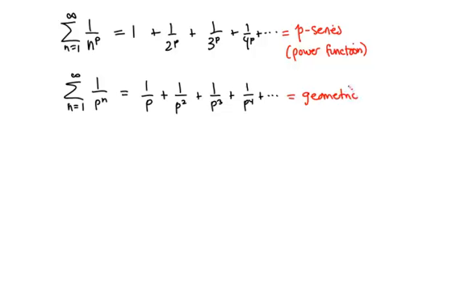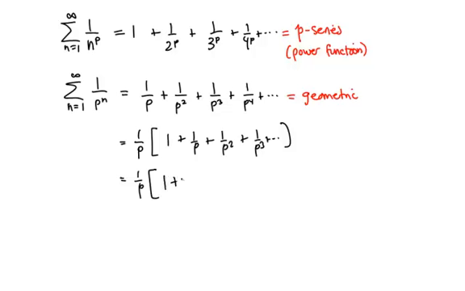And you might be able to see it if you pull out the extra 1 over p common to everybody. When we pull out the extra 1 over p, then we have 1 plus 1 over p plus 1 over p squared plus 1 over p cubed. And that's nothing more than the geometric series 1 plus blank plus blank squared plus blank cubed, evaluated at 1 over p. Now we know that the geometric series has a radius of convergence of exactly 1.